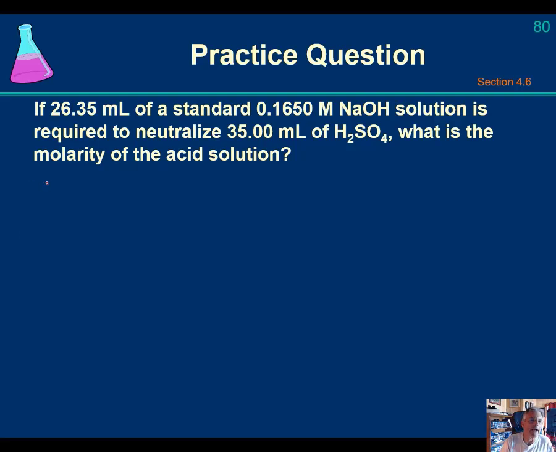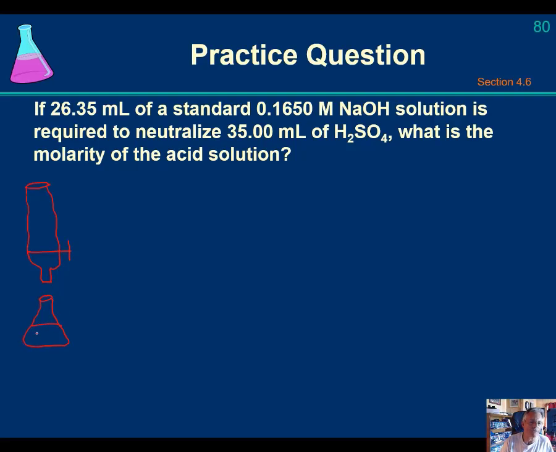Let's take a look at exactly what is going on physically. So here is our burette. Here's our Erlenmeyer flask. The good thing about this on video is I can't hear you laughing, which is just fine with me.